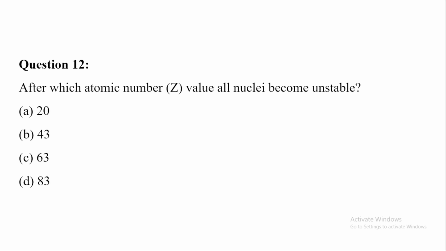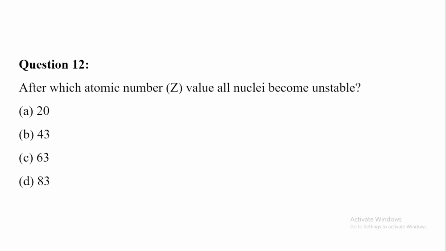When does a nucleus become unstable? When the neutron to proton ratio starts increasing more than 1.